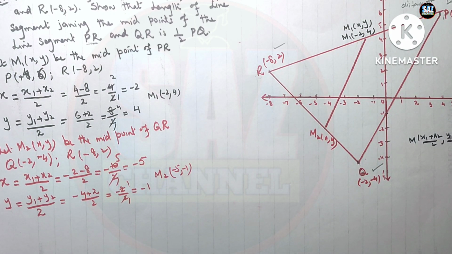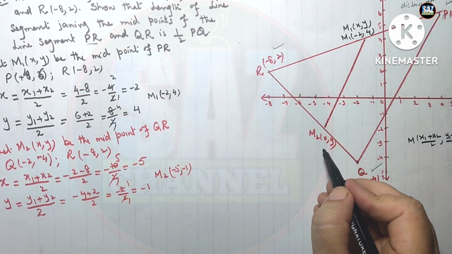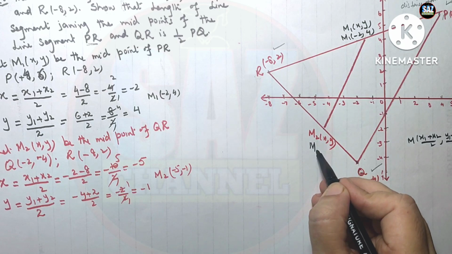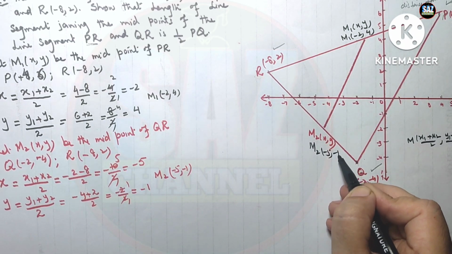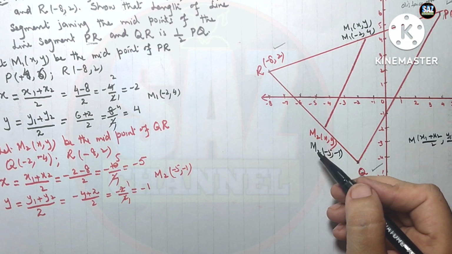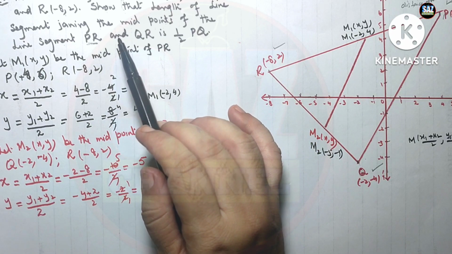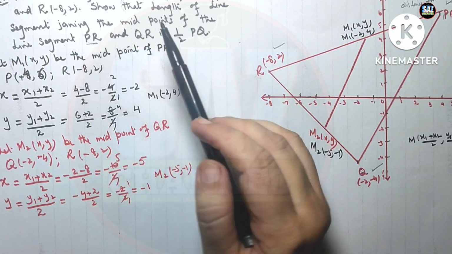Now one of the problems has been solved, that M2 has the value -5 and -1. Now with the midpoints we have calculated, the next requirement is the length of the line joining the midpoints.